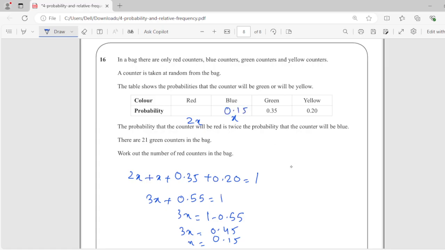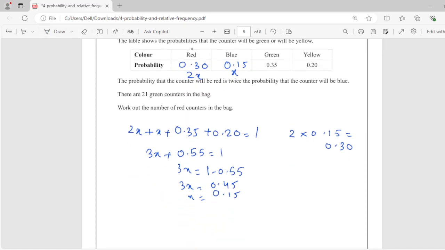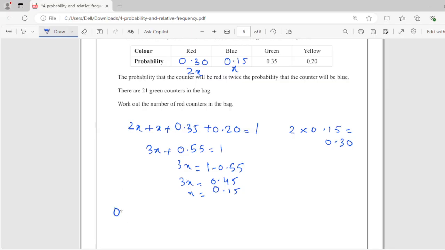X is 0.15 and twice of x is 0.30. There are 21 green counters in the bag. Work out the number of red counters in the bag. The probability of getting green is 0.35. So 35% of the total number of counters, which is y, is 21.